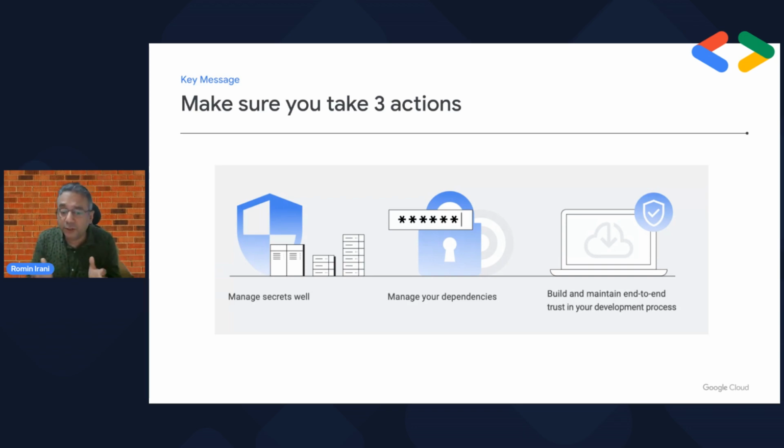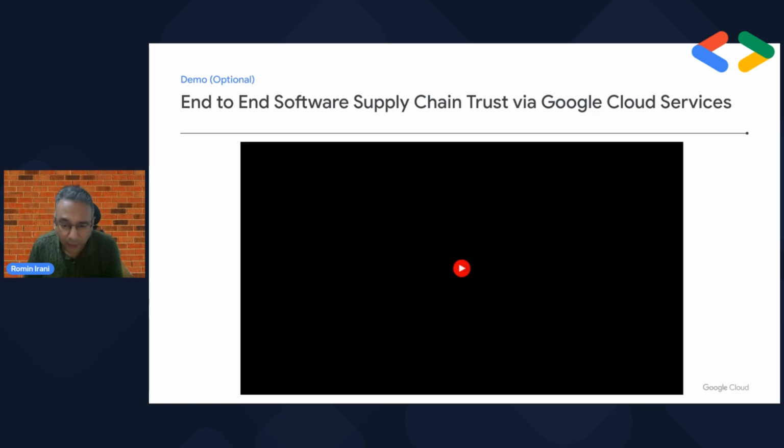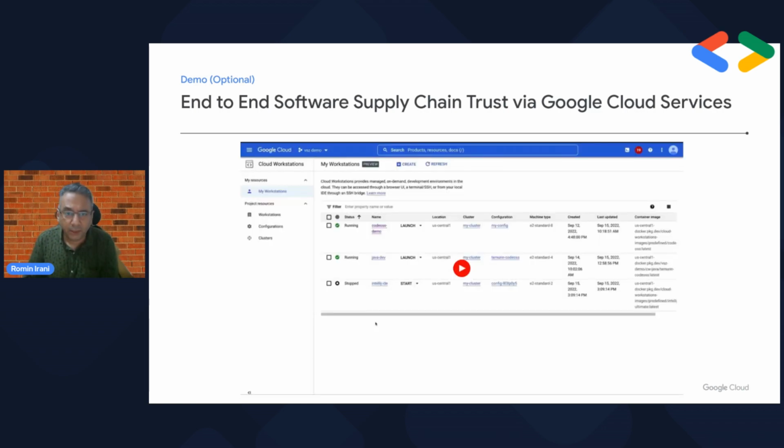This is about ensuring that you're completely aware of all the dependencies that you're using in your software, not just the dependencies you directly depend on, but even transitive dependencies. And obviously, end-to-end trust in the whole process is extremely important. So let's begin a demo over here, and that shows you some of these features.